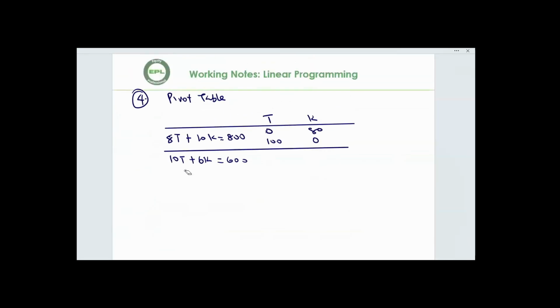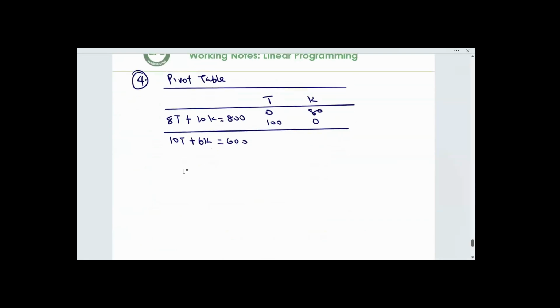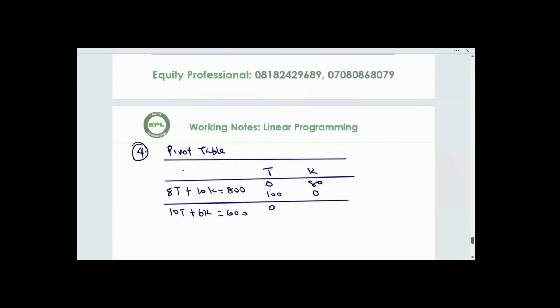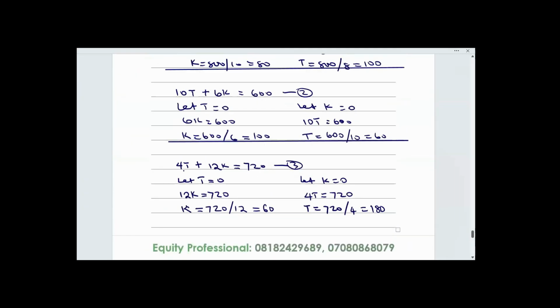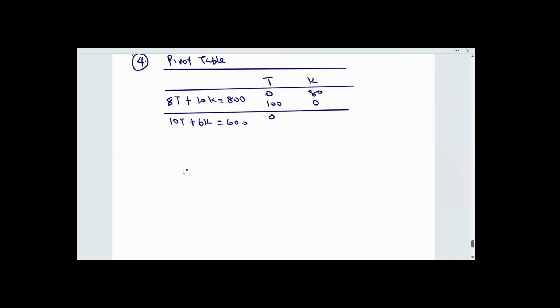Let me draw this. All right. So in equation 2, when T is equal to 0, K is 100. And when K is 0, T is 60.